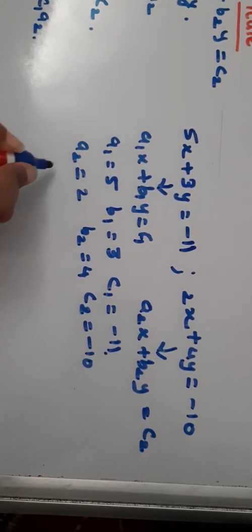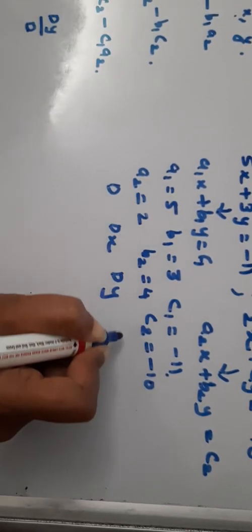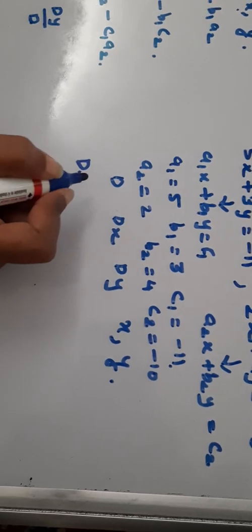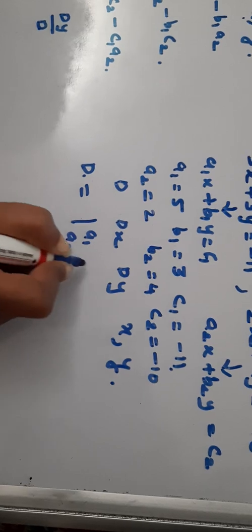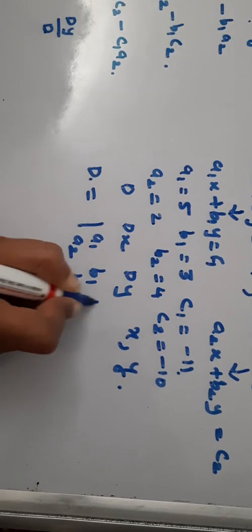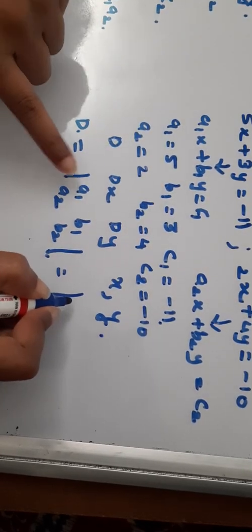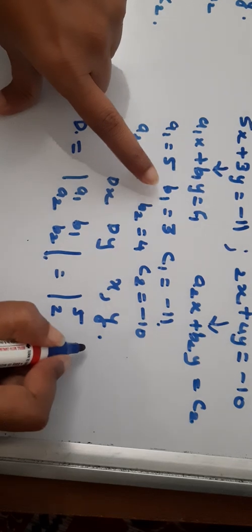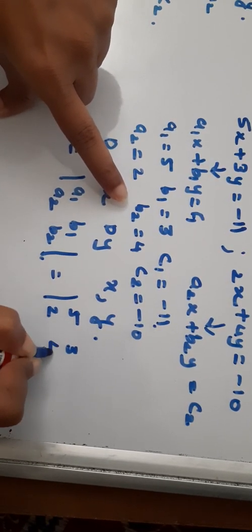Now what we have to do? Same way you have to calculate D, Dx, Dy, x and y. So for D, I have told you abe. So here it will be a1, a2, b1, b2. Substitute: a1 is 5, a2 is 2 below that, then b1 is 3 and b2 is 4.